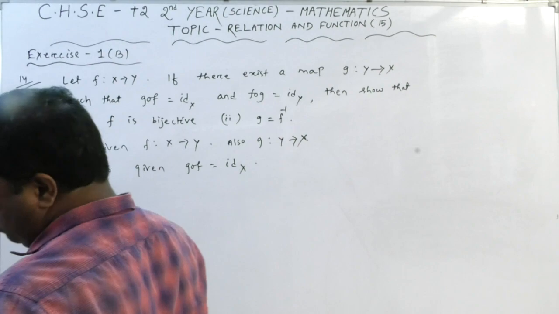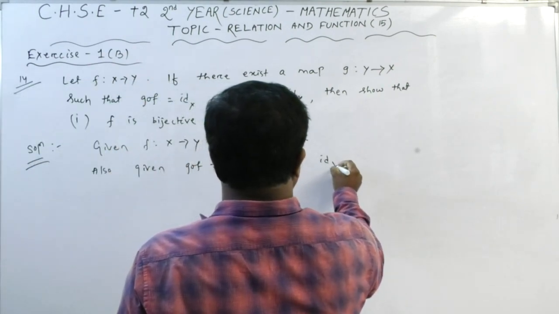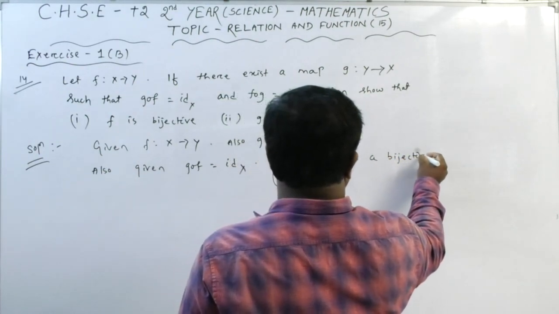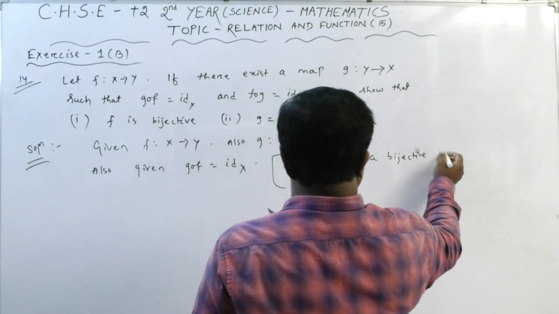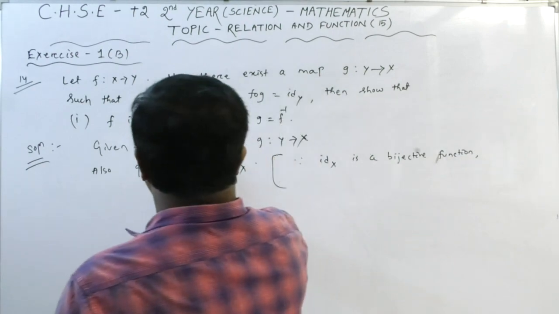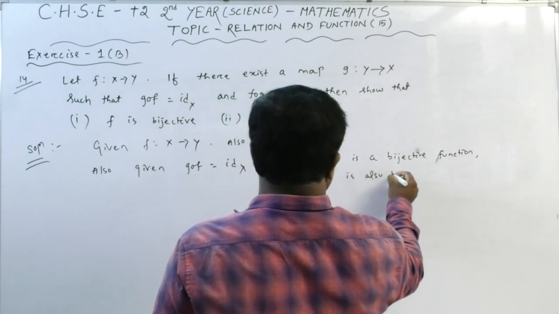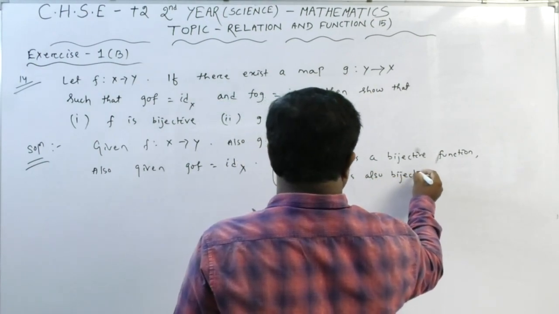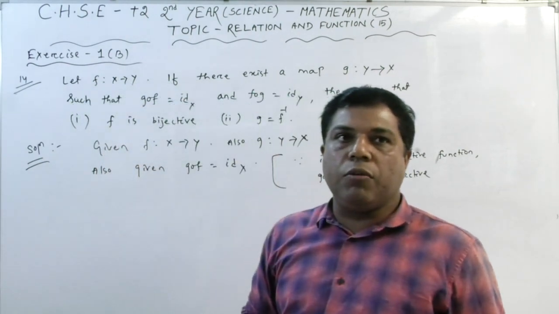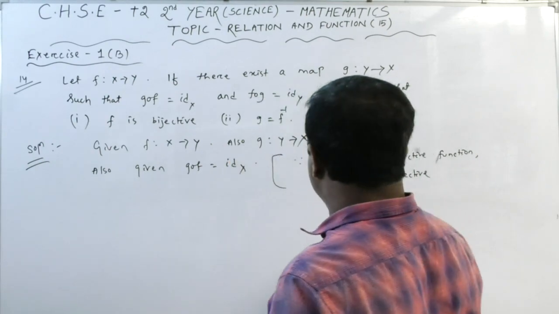So I can say, since identity on X is a bijective function, gof is also bijective, because gof is equal to identity on X, that is given. It is about the equality of functions. So if this one is bijective, gof is also bijective.